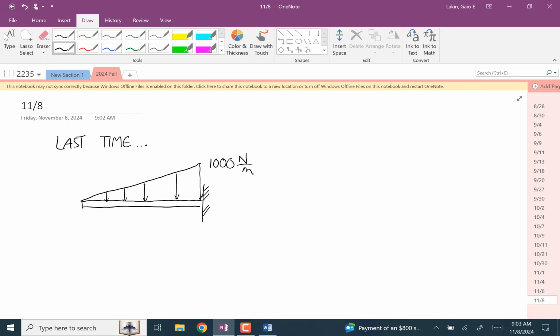And this was 1,000 newtons per meter. Okay, and so we only had one cut. When we did that cut, we had a triangular distributed load on our cut piece.